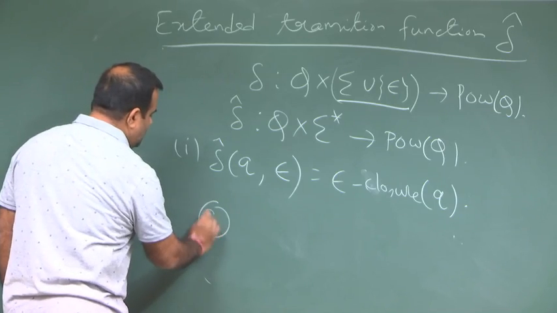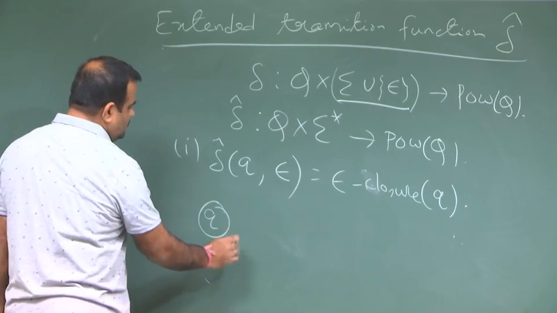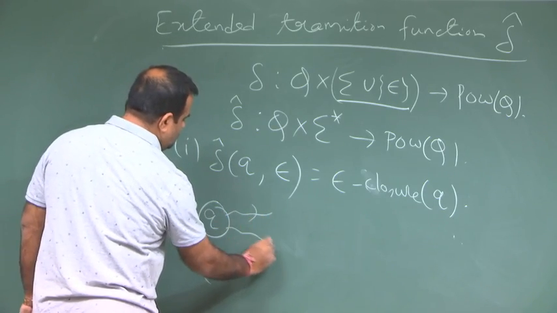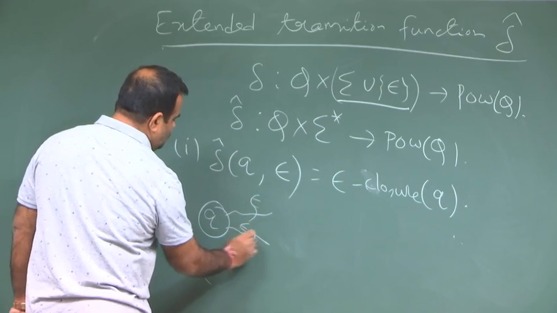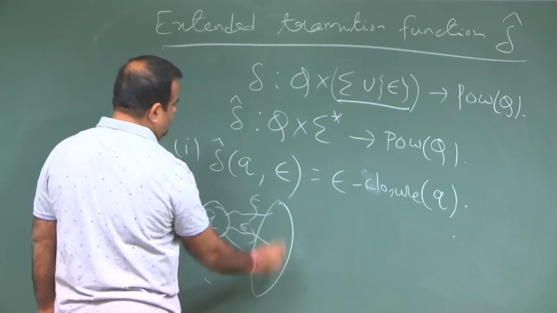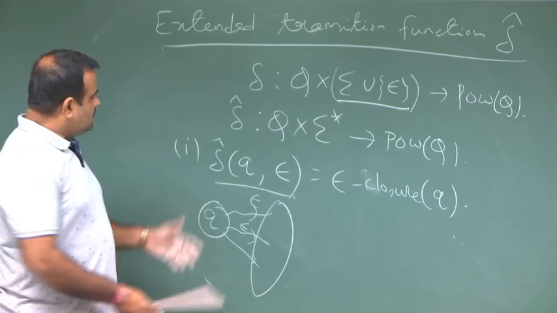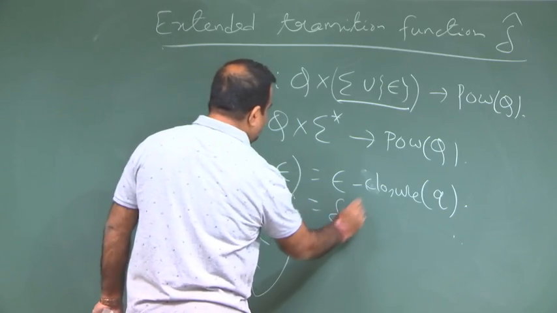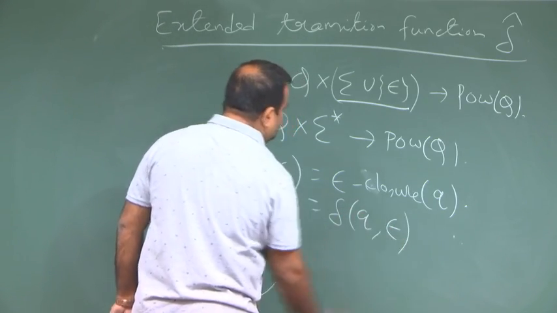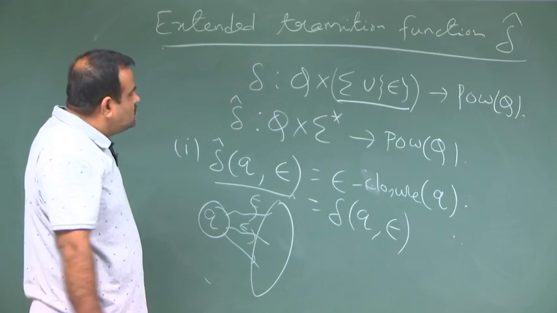This means we are at q, and this is all the epsilon moves wherever we can reach. So this set is nothing but delta of q comma epsilon, but this includes q.